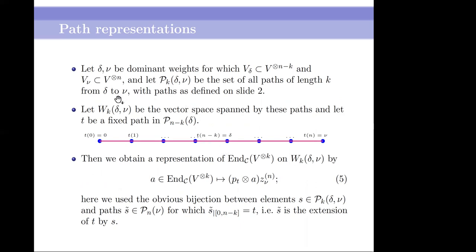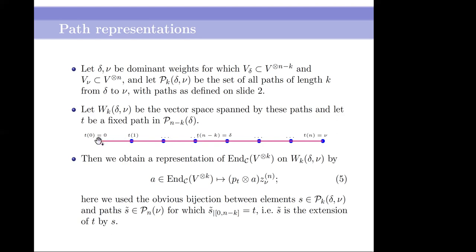And delta and mu will be paths as I defined previously on slide 2. And by Wk delta mu, we mean the vector space spanned by these paths.